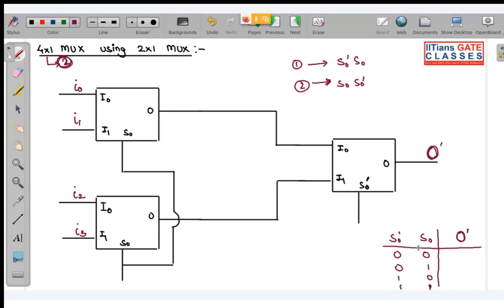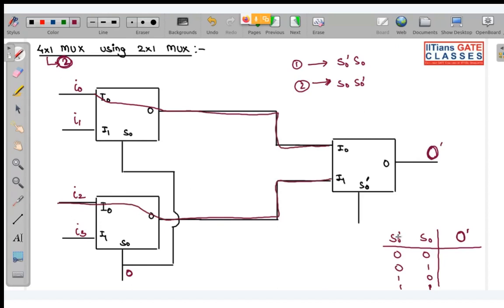Look very carefully: when S naught dash is 0 and S naught is 0, this line will come over here and this line will come over here.